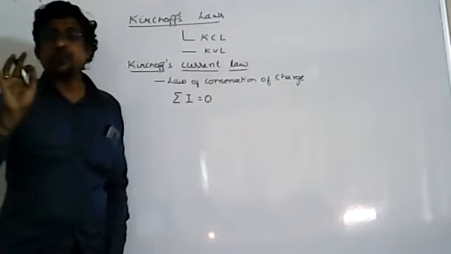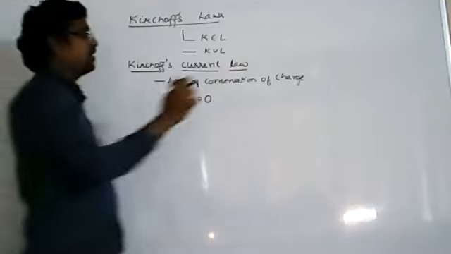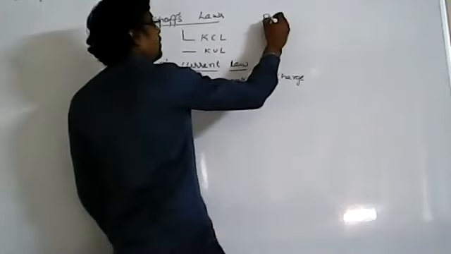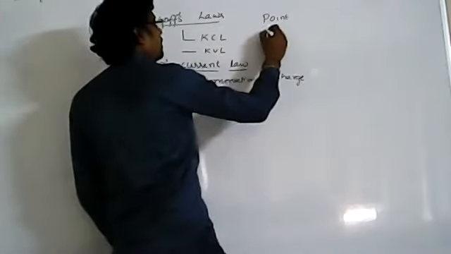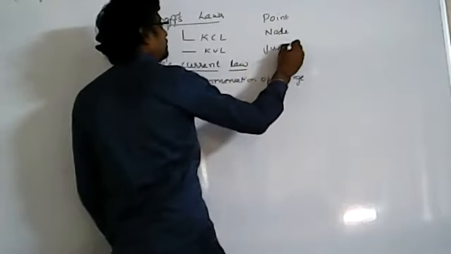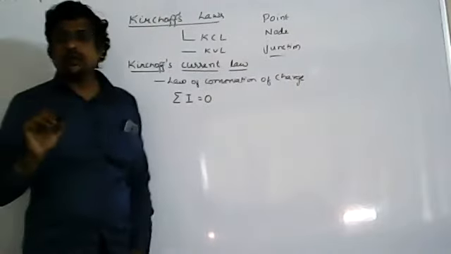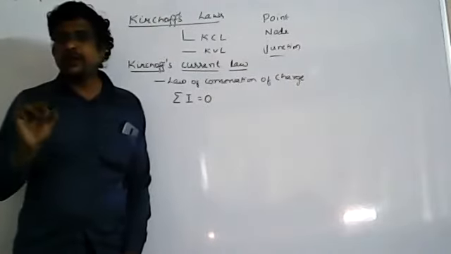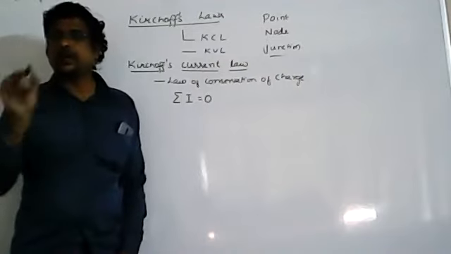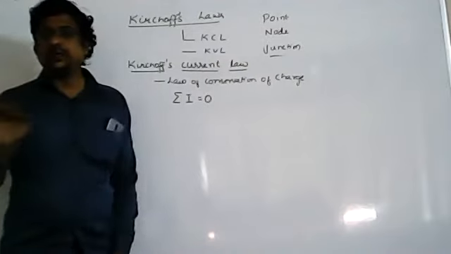You have to specify at a point, or at a node, or at a junction. These are the three terminologies: point, node, or junction. The algebraic sum of currents at a point or a node or a junction is equal to 0. That is one definition.